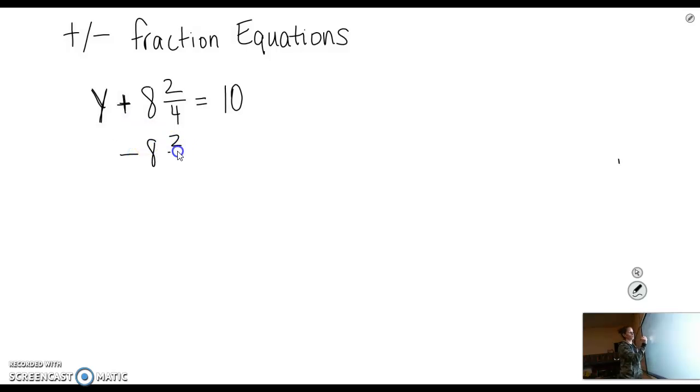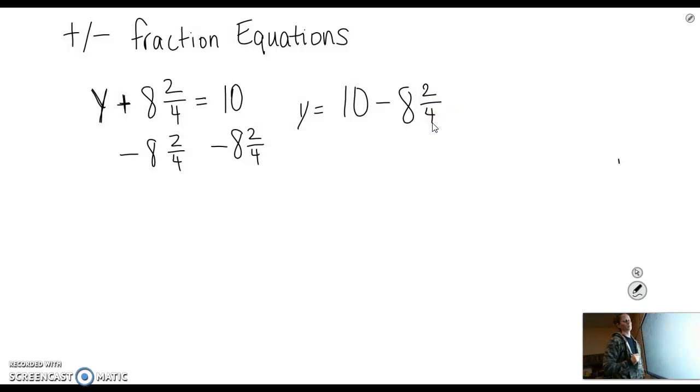8 and 2/4 to both sides. So now I have y equals 10 minus 8 and 2/4. Okay, so we're going to regroup our 10 to 9 and 4/4.